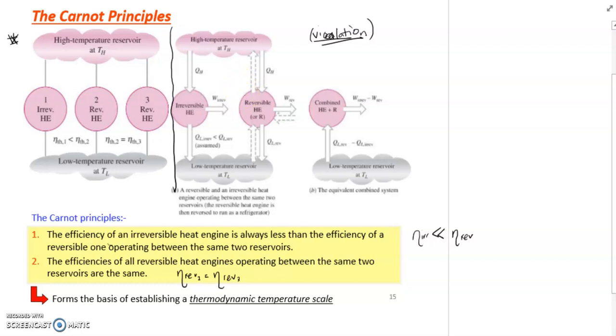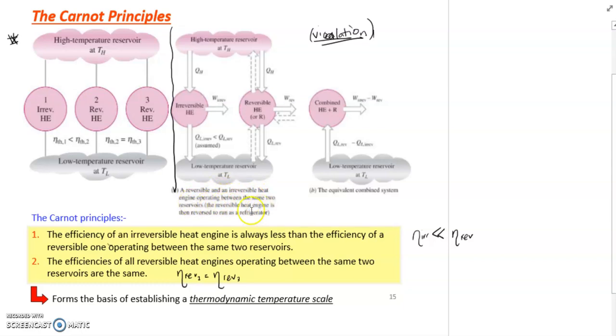As long as you can understand these two principles and the figure on the left side, then it's fine. The violation only shows that the reversible and irreversible heat engines operate between the same two reservoirs.